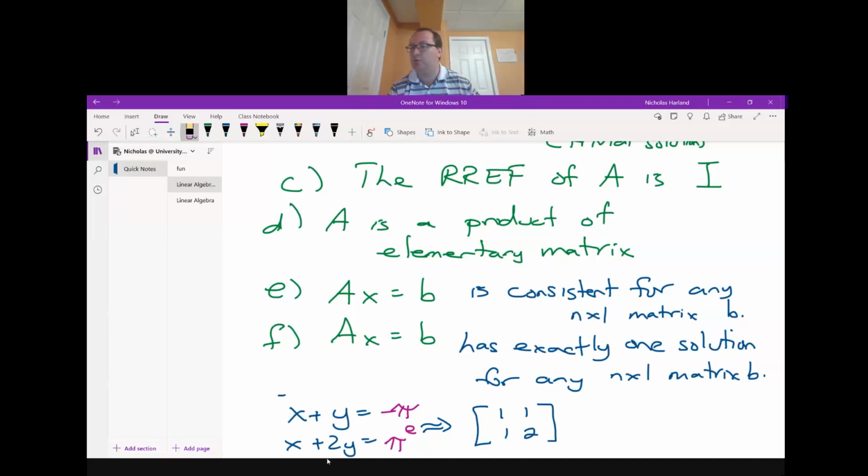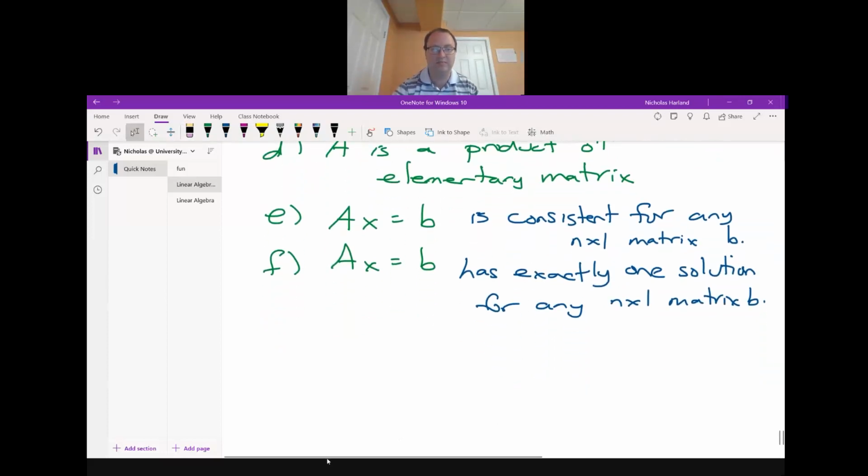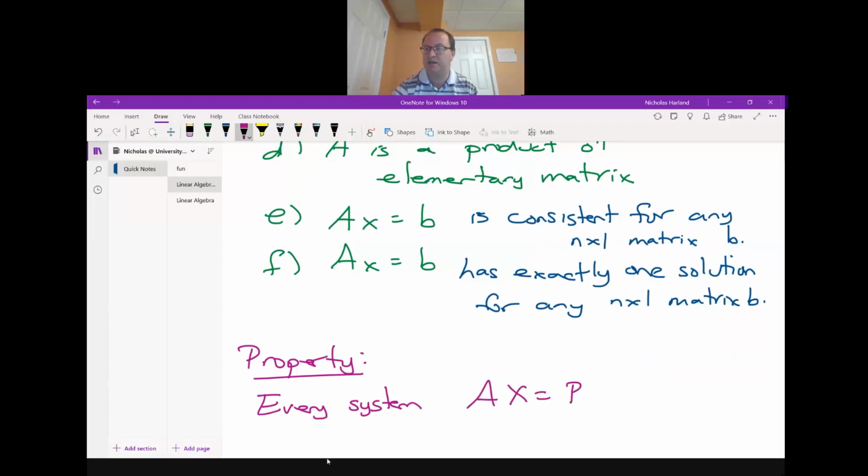Which naturally leads to a question that we discussed probably in the very first video on systems of equations, namely one more property. Every system AX equals B has either no solution, one solution, or infinitely many.